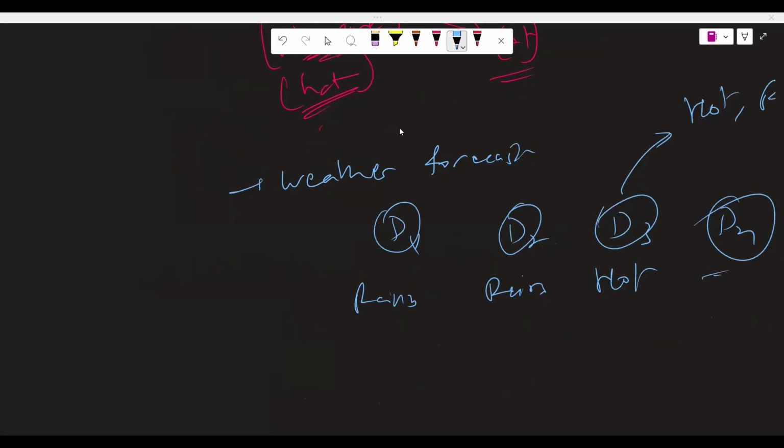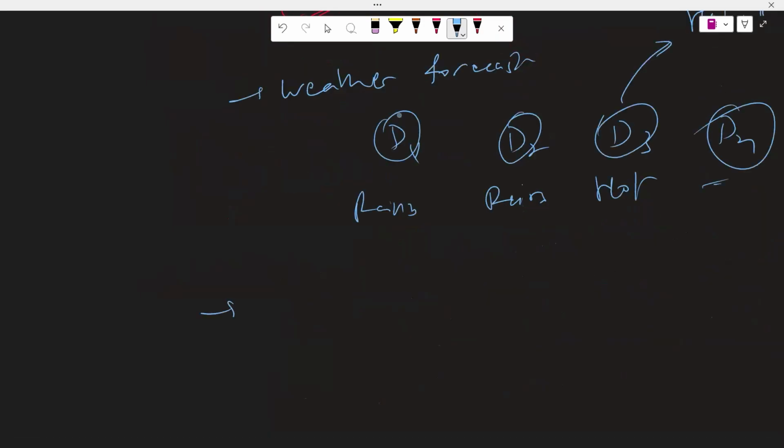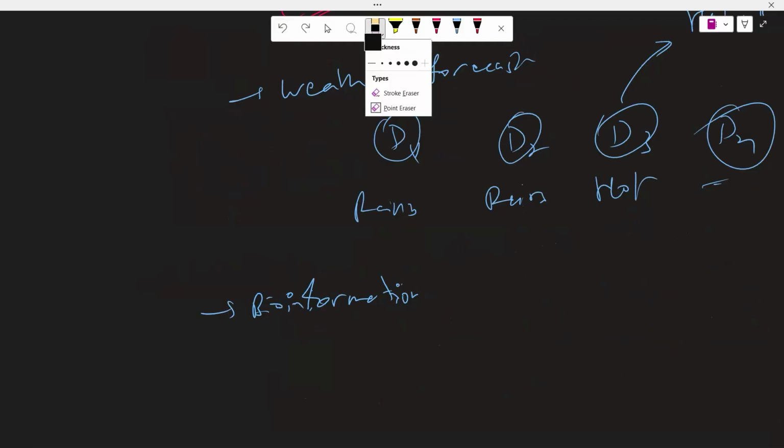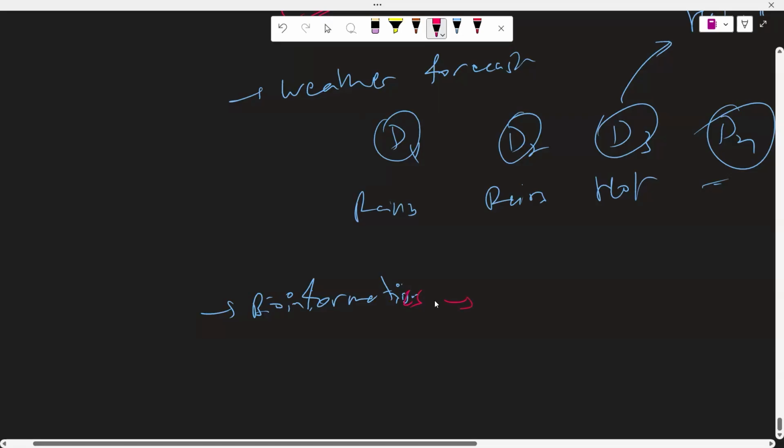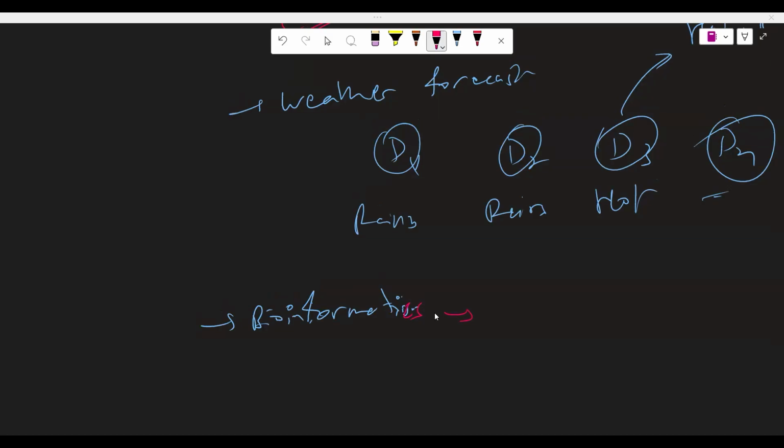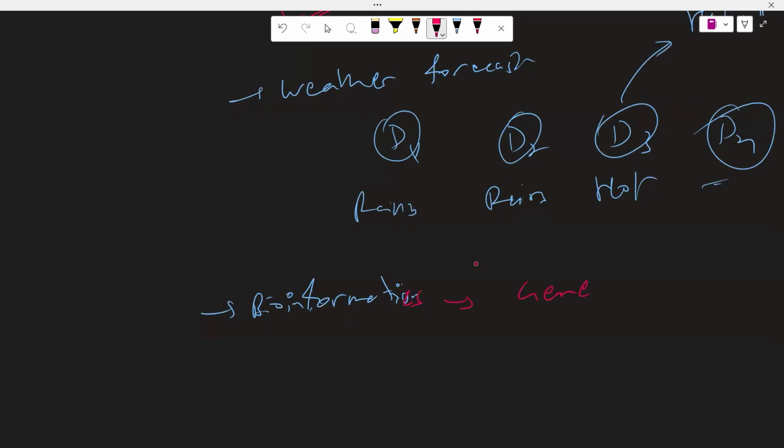Even for many other applications like in bioinformatics, you can use it to understand the gene history, the gene prediction.